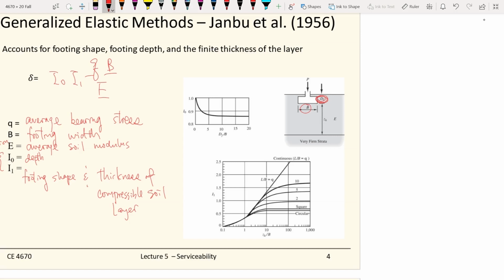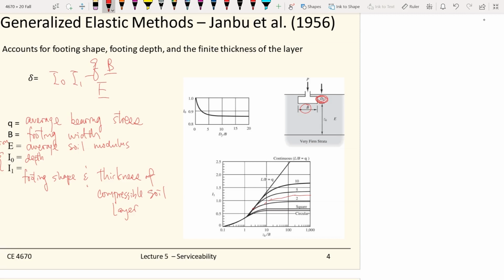So if you have a ratio of 2, if you have a ratio of 5, if you have a square or circular, it's a ratio of 1. If you have a ratio of 10, then you will choose those curves. If it's something in between, then you need to interpolate. For example, if you have a 3.5, then it will be between 2 and 5, so you will draw a line that is exactly between 2 and 5.